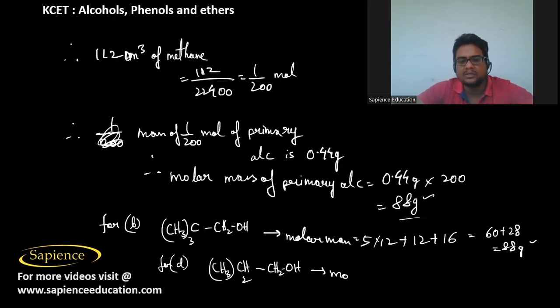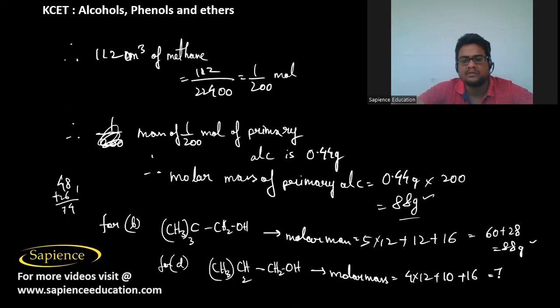So its molar mass will be equal to, here we have 2 plus 2, 4 carbons, so 4 into 12, plus 2 threes are 6, 6 plus 4, that is 10 hydrogens, plus 1 oxygen, that is 16. So this will be 48 plus 26, which is 74 grams. So hence option D is not the correct answer. Option B is the correct answer.